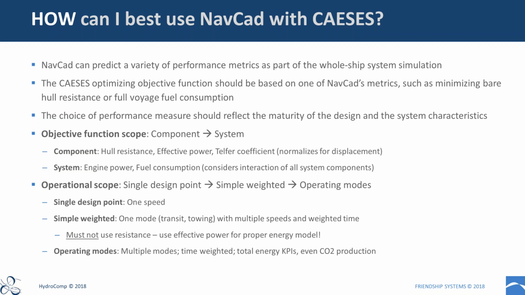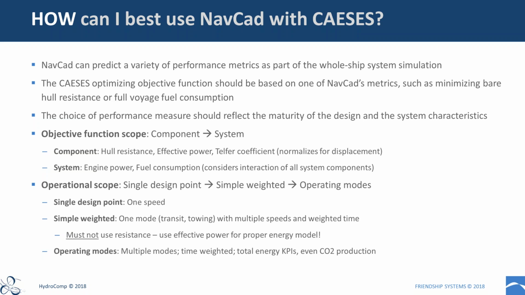So the CAESES optimizing objective functions should be based on one of the NavCad metrics, such as minimizing bare hull resistance for a component analysis, which is what we will see here in the case study, or perhaps a full voyage fuel consumption, where you can create a whole operating mode's mission duty profile and then get an energy metric and minimize that as the objective function itself.